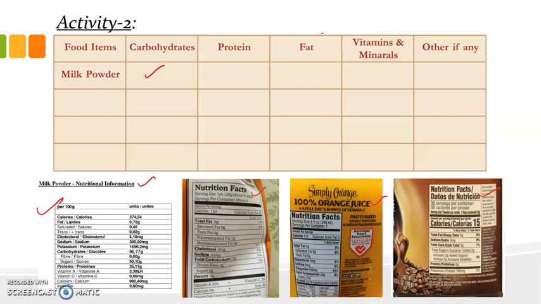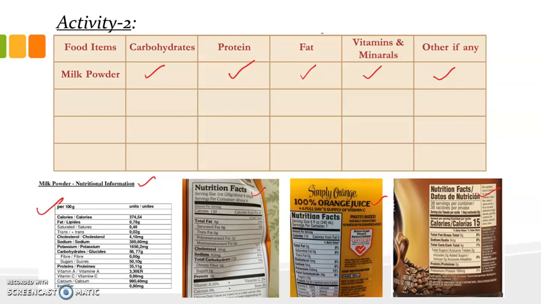Tick. You have to put a tick mark in that. Next, protein. Protein is also present. Tick. Fats. Fats are also present. Vitamins. Vitamins are also present. Others. Others are also present, like sugars, fiber. So we have to put it. In that way, we have to list out the components.